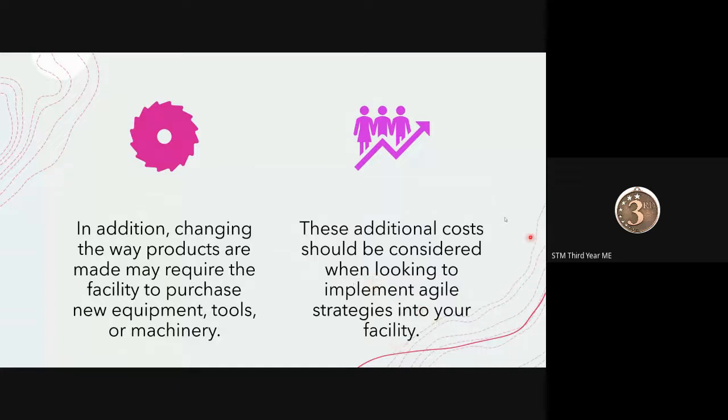So we will always be considering the additional cost that will be incurred. When introducing agile manufacturing, additional cost will be there. It will take some time for the workers to obtain that knowledge. So for that purpose, automation is the best method to first implement agile manufacturing and shorter product life cycles.